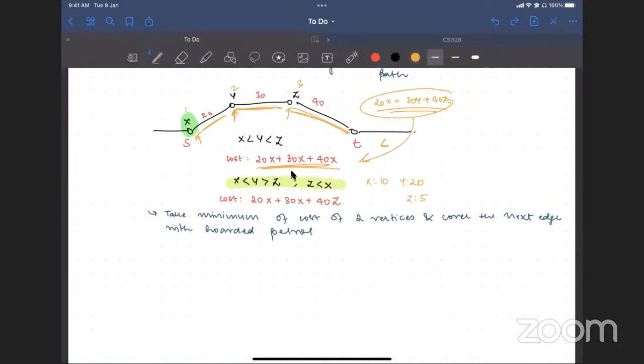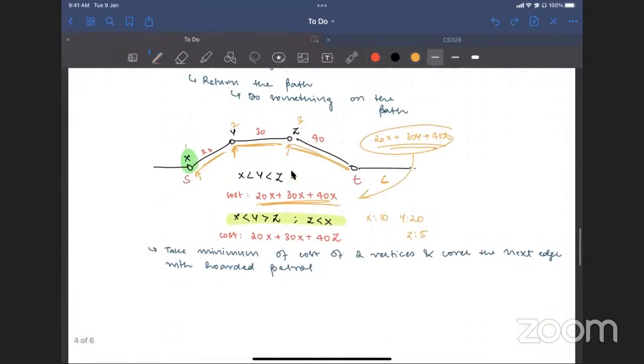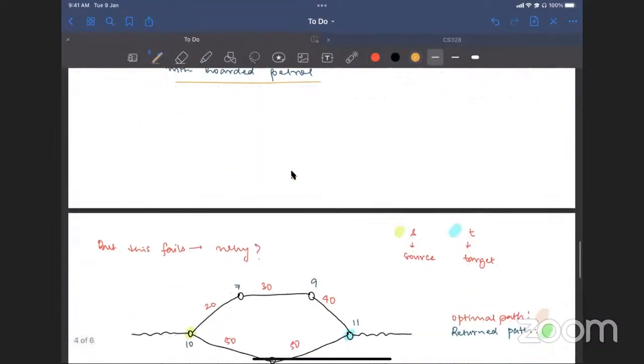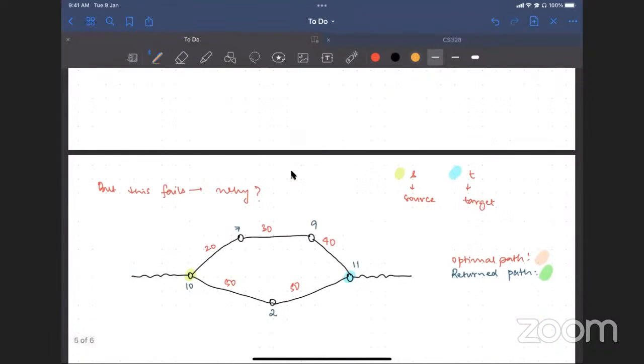Basically, this statement which I've just written is what you do once you find the shortest path. But this fails. For example, let's take this situation. You have the S and T vertices, highlighted with green and light blue respectively, and the edge weights in red are the cost associated with traversing each road.